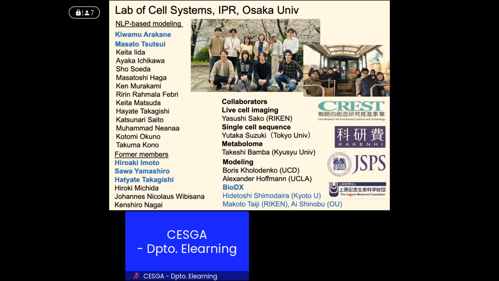And here is my laboratory. Kiwamu and Masato are right now working very hard on making a model. And the former members, definitely Hiroaki and Sawa. She was very good at handling TCGA data. And Hayate did a lot of MD simulation on EGFR.